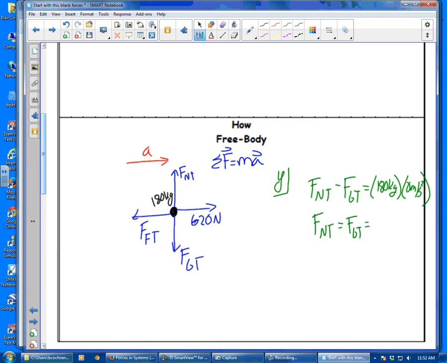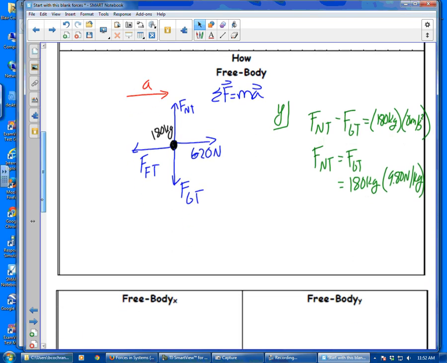And that would be 180 kilograms times 9.80 newtons per kilogram. Right? Yes? No? Yes, somewhere around about 2,000, a little under.